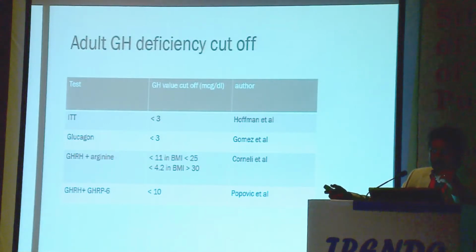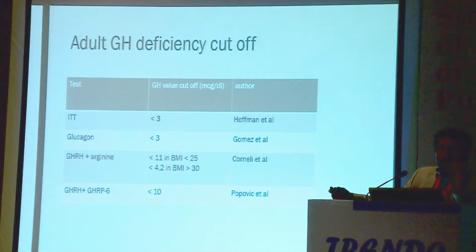And the cutoff, again, is variable between tests, and the standard reference used for diagnosing growth hormone deficiency is less than 3 nanogram per ml as far as the insulin tolerance test is concerned, and the same holds good for the glucagon stimulation test also. But the other provocative tests have their own cutoffs, and remember that body composition can sometimes alter the normal growth hormone levels.